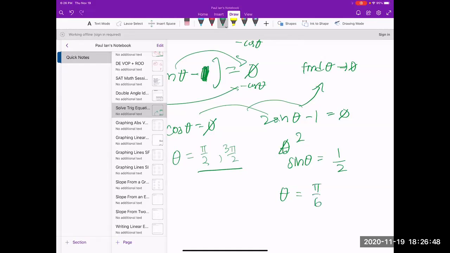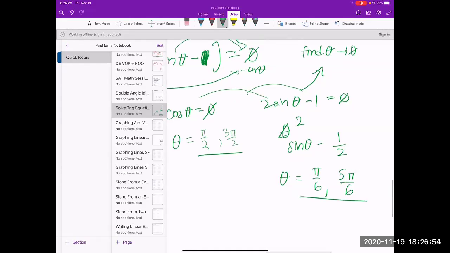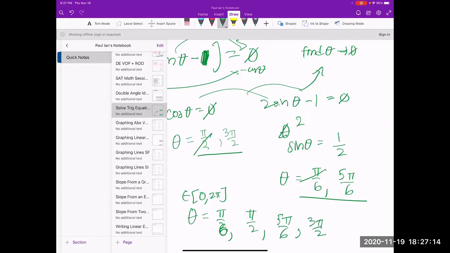So you could just go off the unit circle. And this is from 0 to 2 pi again. If it's from 0 to 4 pi, I'll talk about it after. So pi over 6, and then pi over 2, and pi over 6, and then 3 pi over 2.